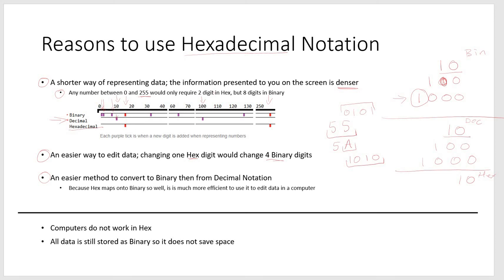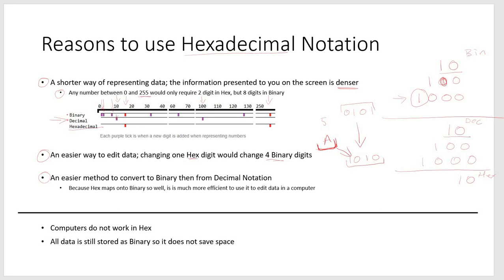So for example, if I wanted to change these binary numbers 0101 to 1010, instead of changing the 5 to a 10, having to write 2 digits like this, I can use hexadecimal notation and change it to just 1 digit, and that would map very well onto binary.